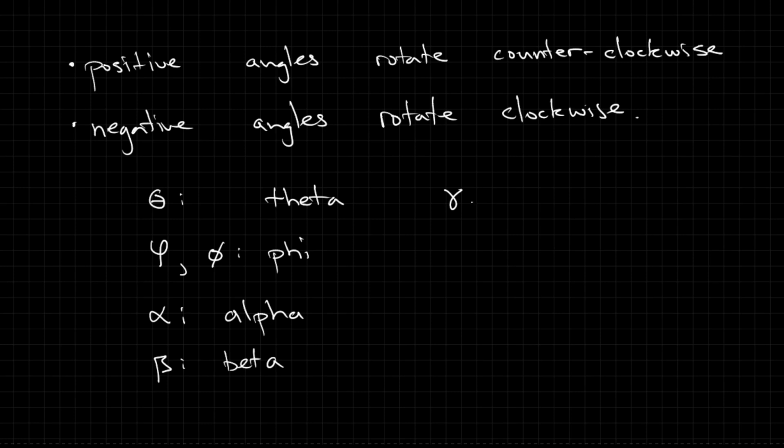Handwritten gamma looks as I've just drawn it. So this is gamma. But in text, it looks something more like this. Maybe I can do a little bit better. Something like that. So all of these symbols are typically used to represent measurements of angles.